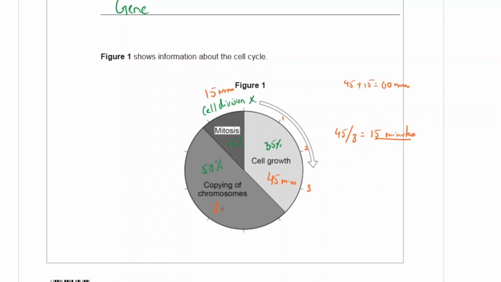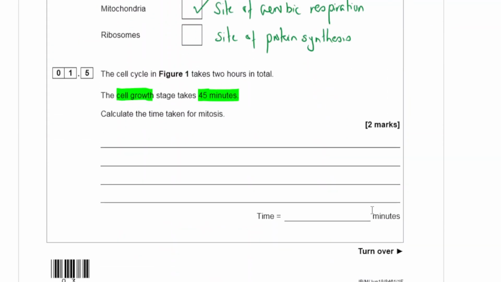Copying of chromosomes takes 60 minutes, so it all adds up to 2 hours. So 15 minutes, we don't really need to show any working for this. And if you need to, you could say 60 minus 45 equals 15 minutes.